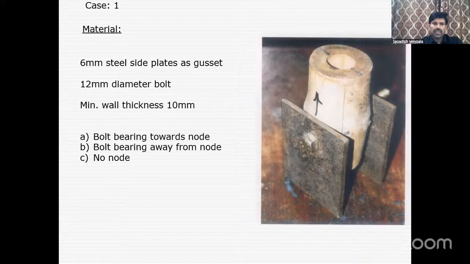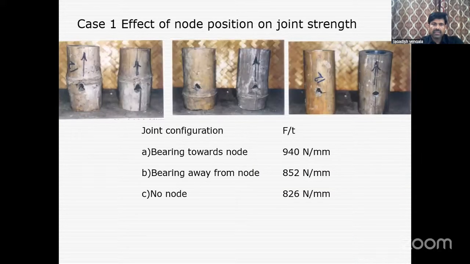So hence we have used a steel side plate for testing, and a 12 mm diameter bolt. The minimum wall thickness, as I mentioned, is 10 mm. So we took three cases: bolt bearing towards the node, bolt bearing away from the node, and no node at all, that means the hollow portion. In the first case, you can see bearing towards the node.